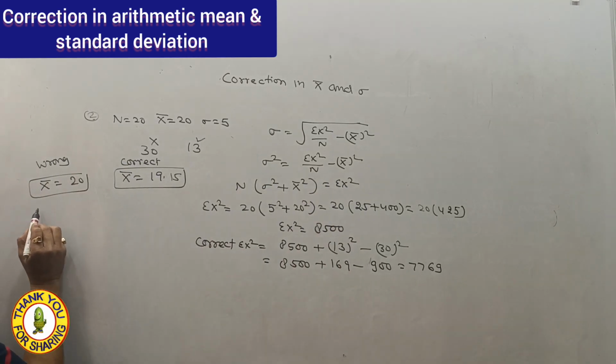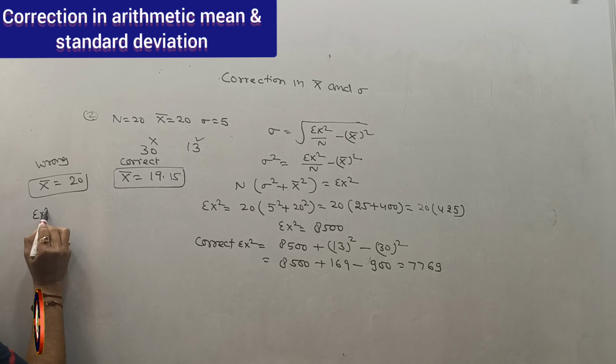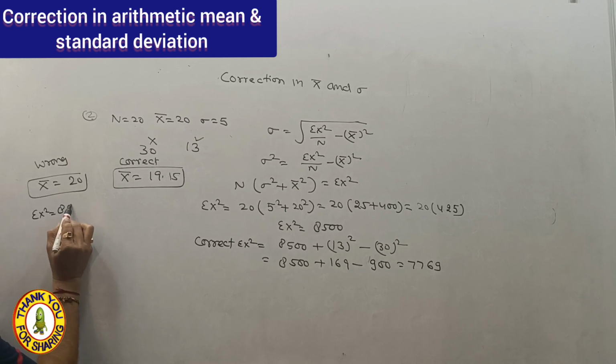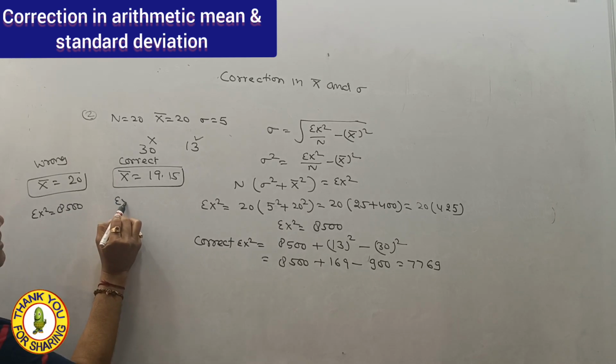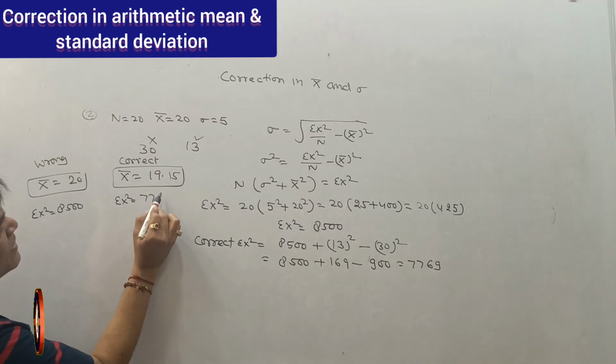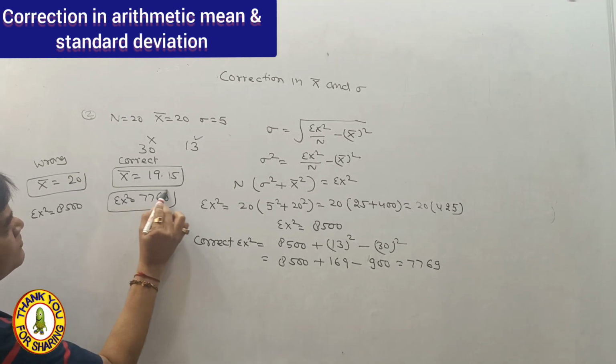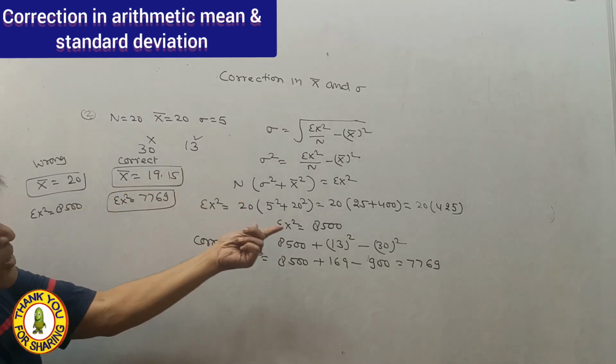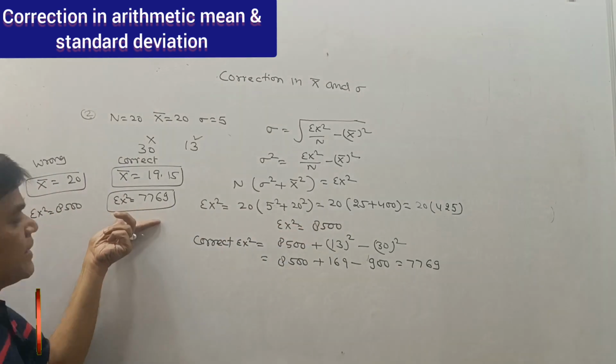The wrong sigma x square was 8500, the correct sigma x square is 7769. This was wrong and this is right.